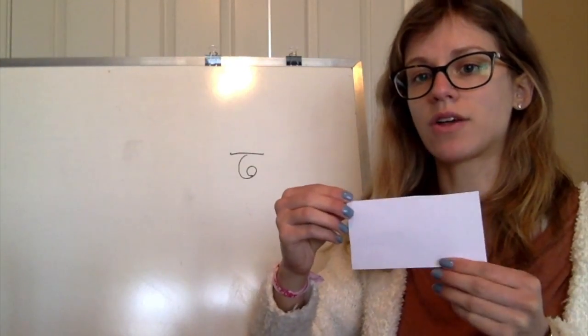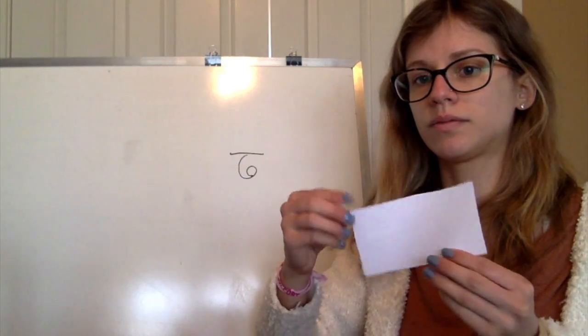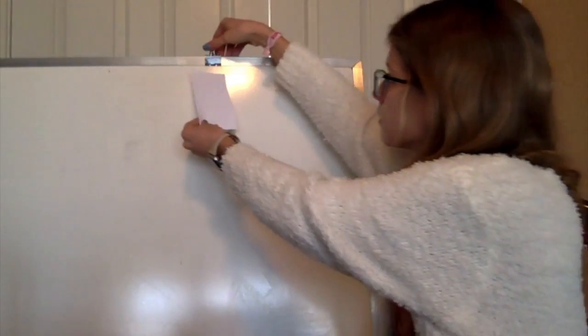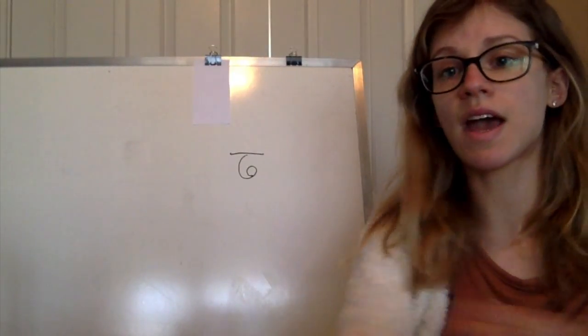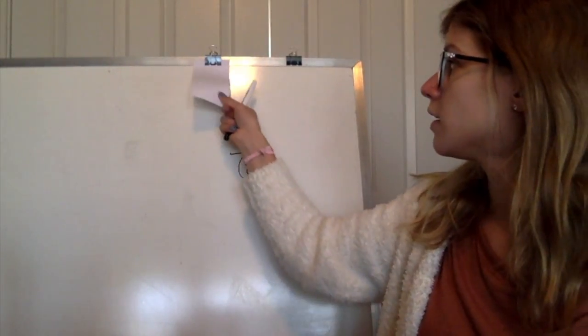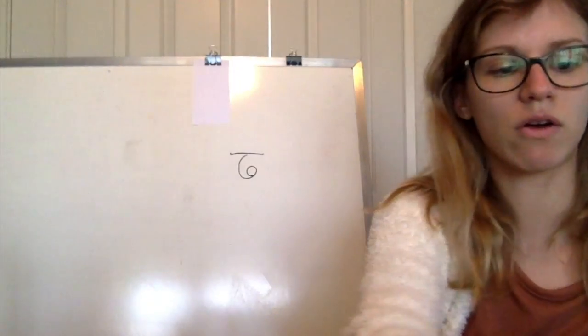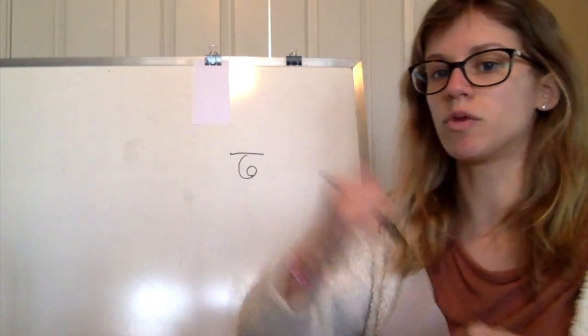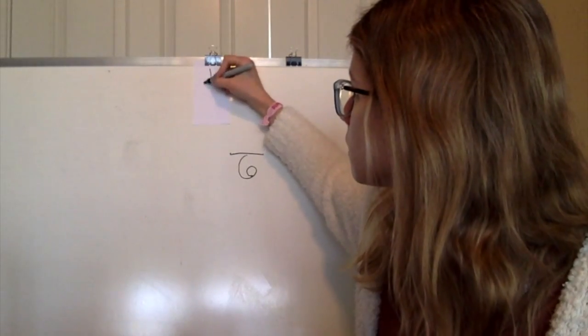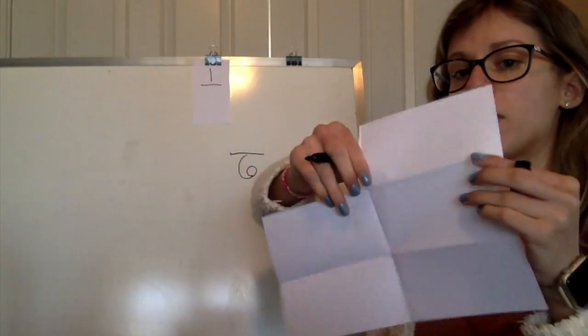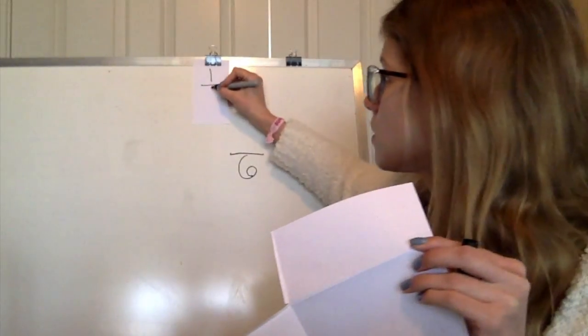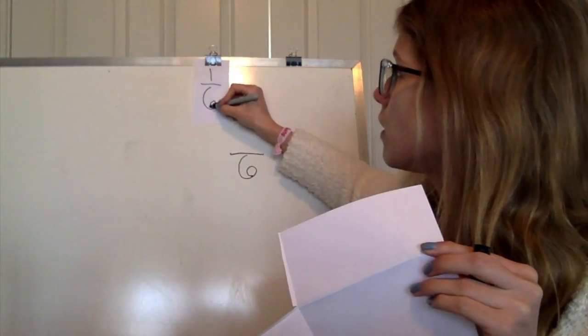What would my fraction be? I know since this is one part of my whole, my numerator would be 1. My whole is made up of 6 equal parts, so it would be 1/6.